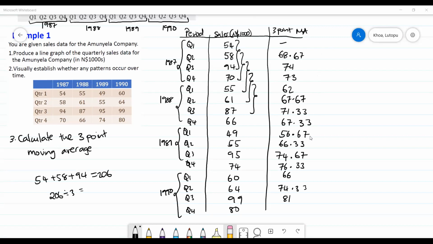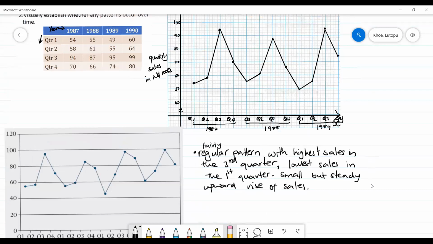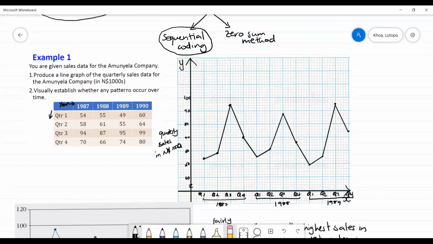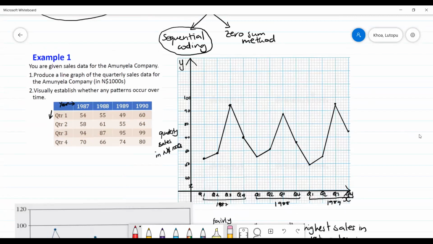So you don't have too much of a distance between high points and low points. Okay, so let's just plot these points and then see what we would get. So we're going to plot the 3-point moving average values.